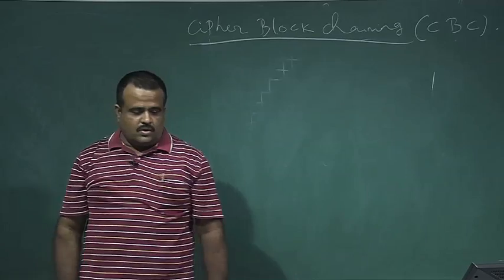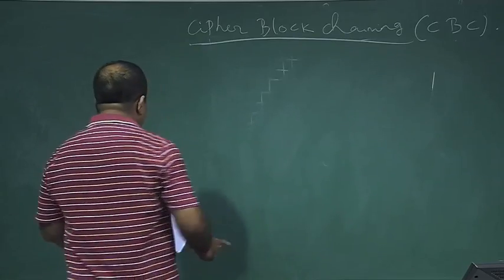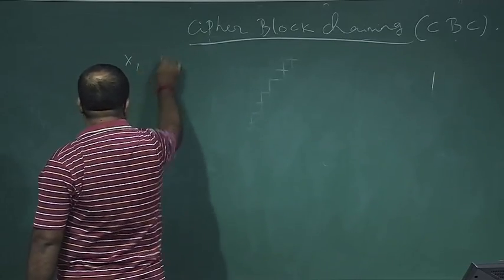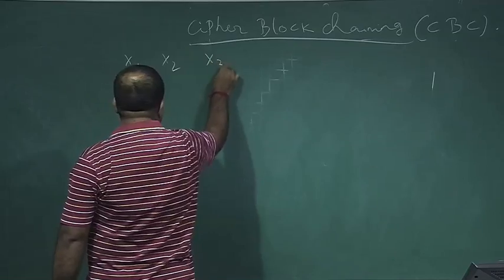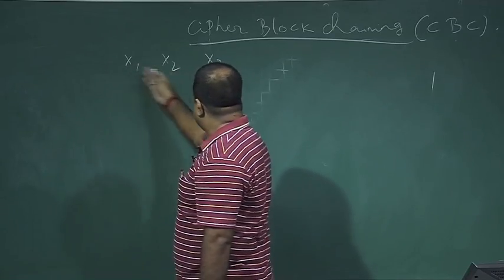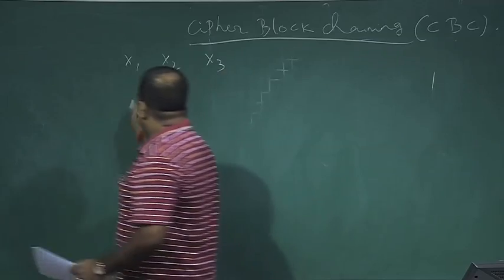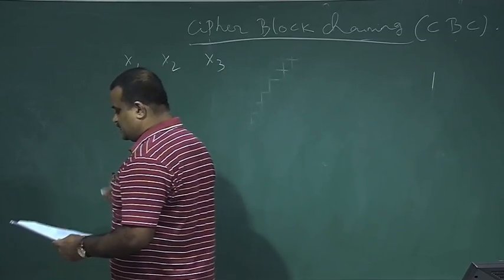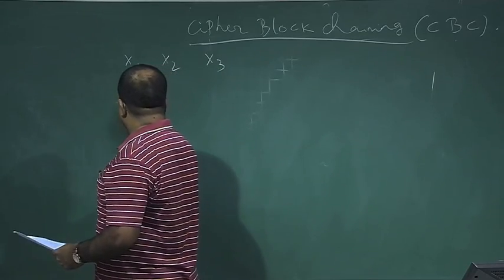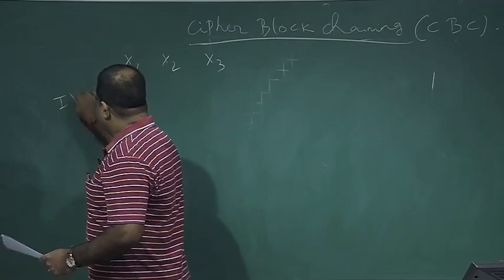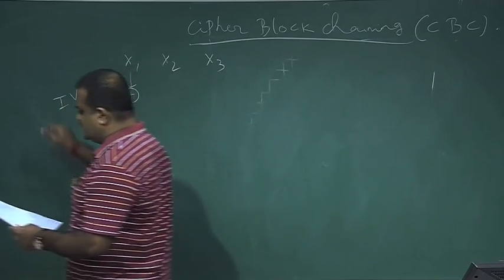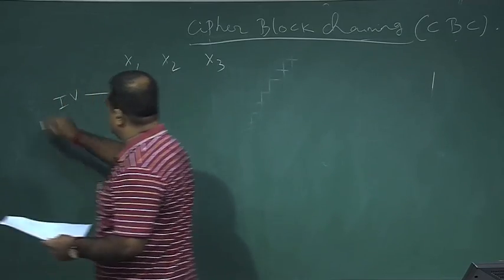Okay. So, here what we are doing, this is the plain text in x1, x2, xn form. So, we are just XORing with one IV, this is called initialization vector or starting variable.